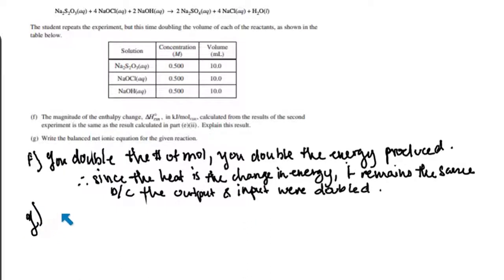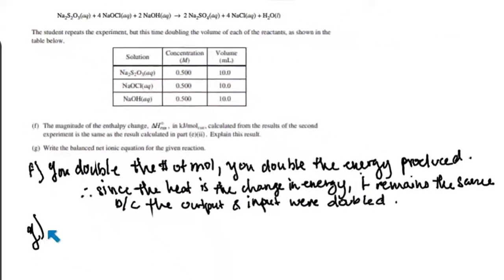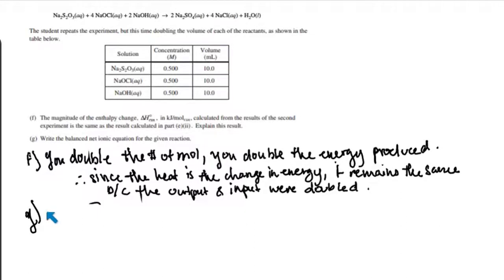Okay, so last question. Write the balanced net ionic equation for the given reaction. So we want to separate all of these into their separate ions and then cancel out which ones are the same on both sides. So for Na2S2O3, we have 2Na plus and S2O3 2 minus.